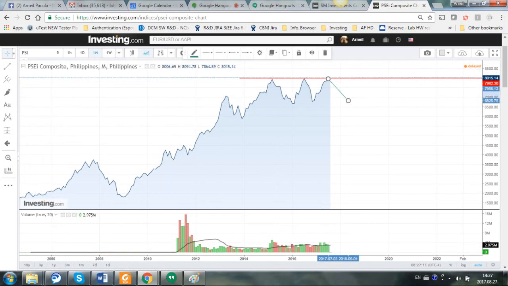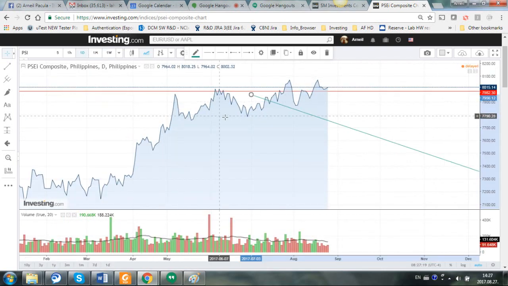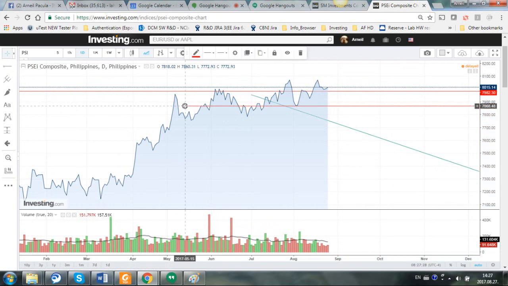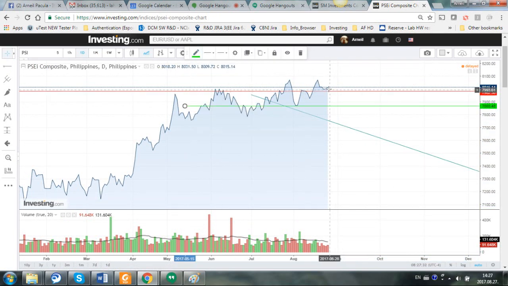So, ibalik natin yung 1 week. So, yan. Okay, sorry, that's 1 week, yeah. Yan, so, nagba-bouncing lang siya at this lowest level. So, pag hindi pa na-break ang 8,100 na resistance, that resistance.